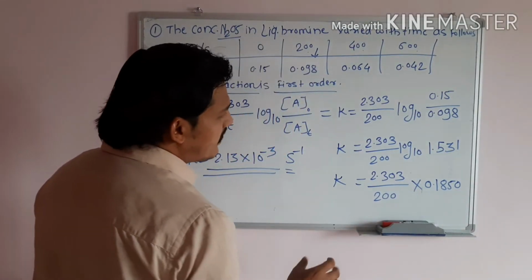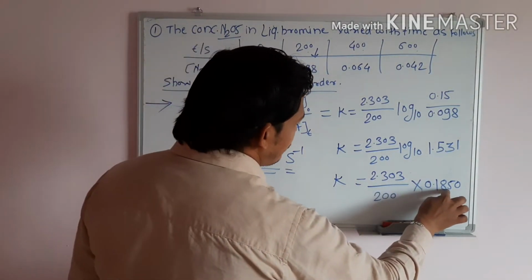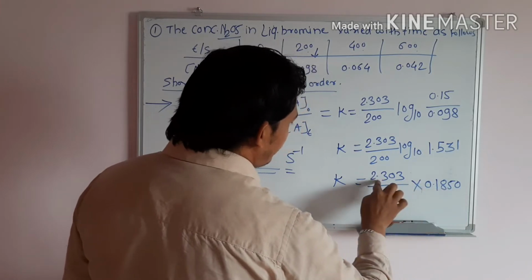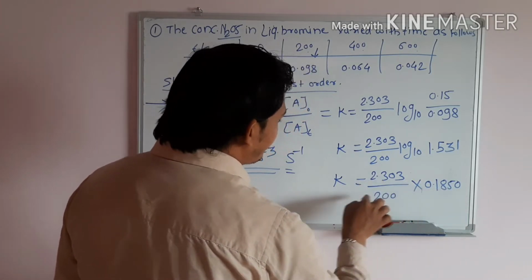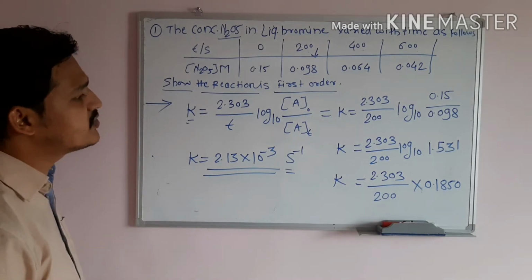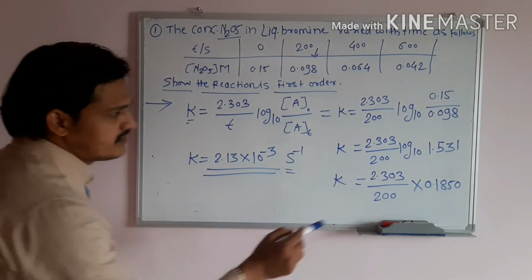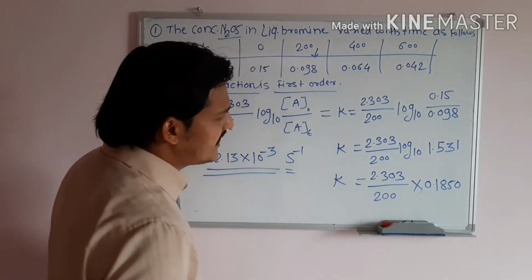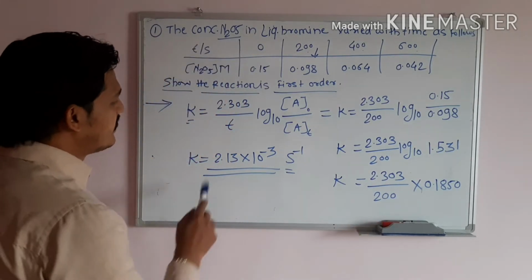Then 0.1850 into 2.303 divided by 200. I am directly writing the answer, because multiplication and division will be easy for you and there is not much difficulty in that.